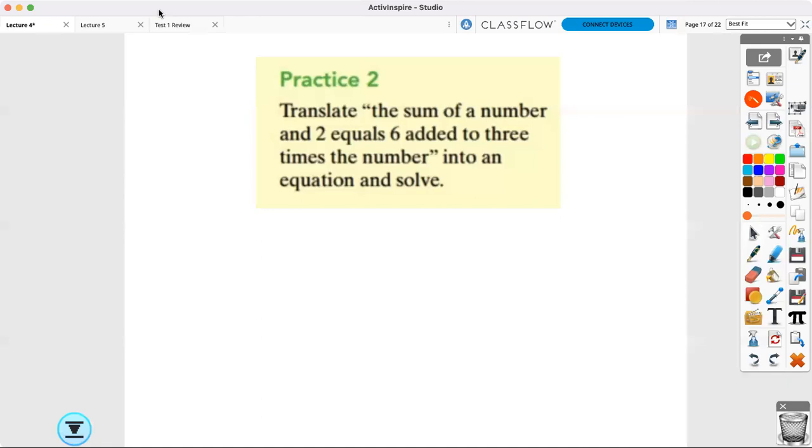All right. Would anyone like to tell me their setup for practice two? What symbols did you create from the words?